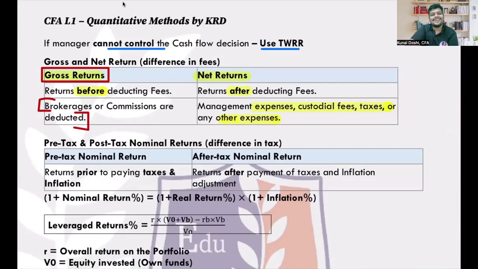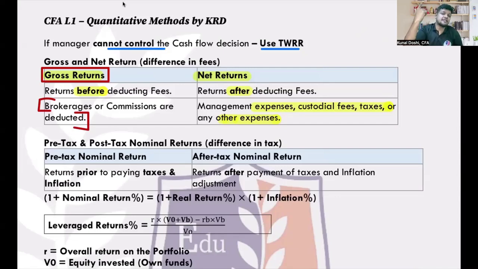Wow, I'm getting interesting answers. Suppose they give you brokerage and commissions and ask you gross returns, are they deducted from it? Yes, they are deducted from gross. But what about net returns? Net return comes after gross returns, correct?